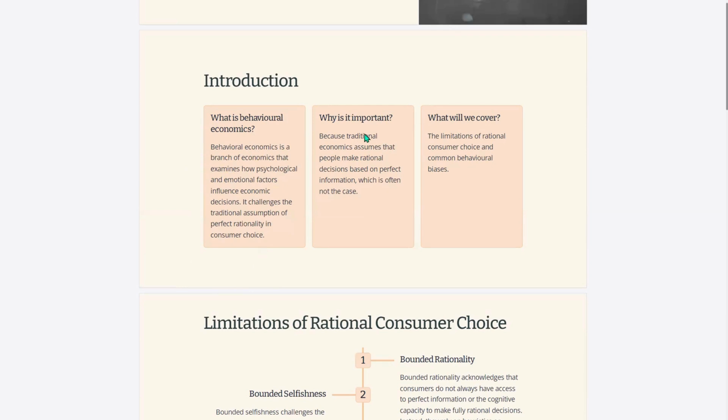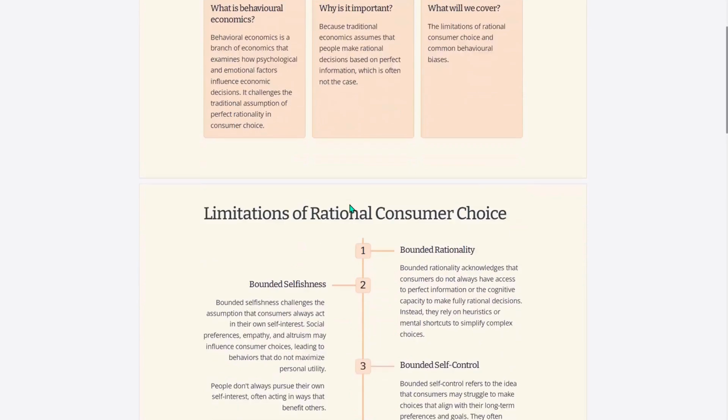Why is it important? Because people do make choices when they buy something, right? And therefore, we are assuming that whenever there is some behavior exhibited by an individual or a community, maybe there are reasons behind that behavior, which are psychological and emotional factors.